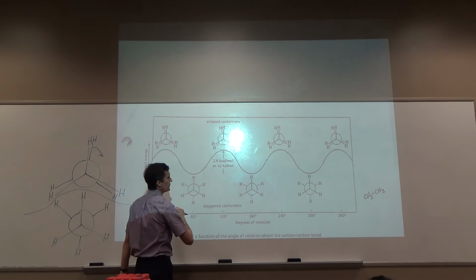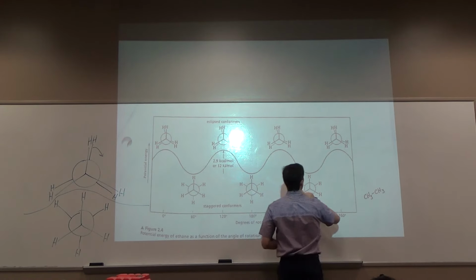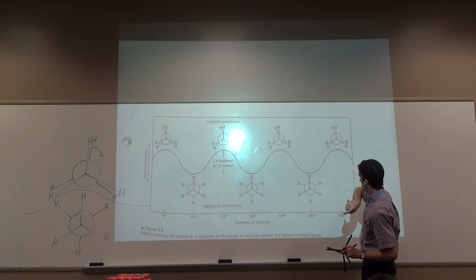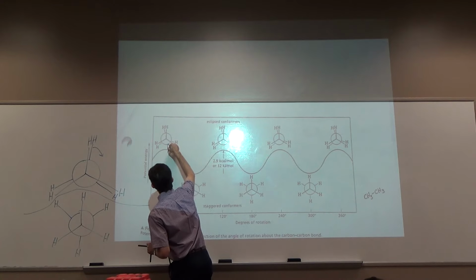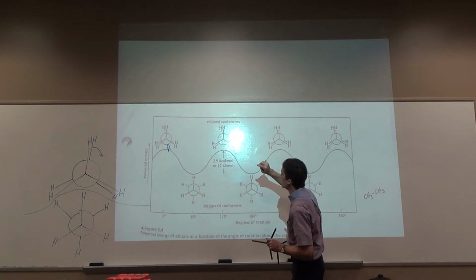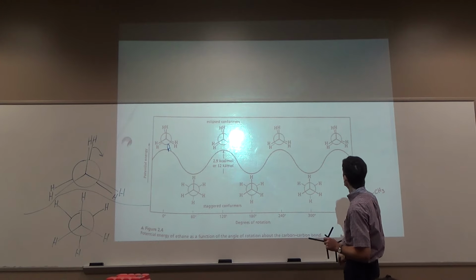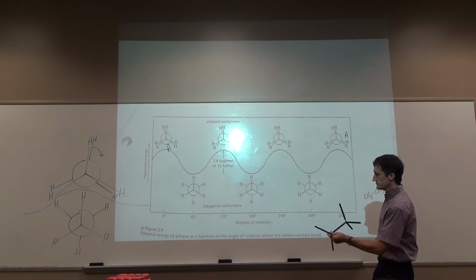And if we go all the way around and do a complete turn, this is actually back over there. If this is A, isn't this A again? I think that's back to A.